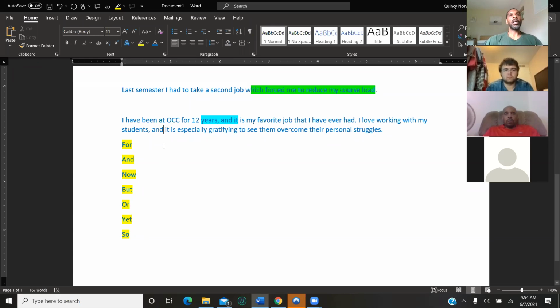A fourth option, beyond comma with coordinating conjunction, separation, and the semicolon, is just to reword or condense the sentence, meaning say all this in one short sentence. Maybe a couple short sentences.